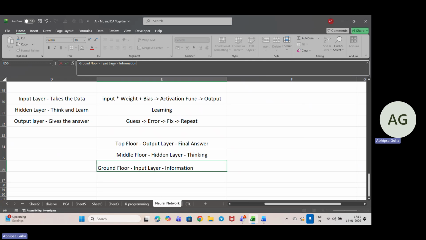Now coming to the steps. Suppose for humans, how we learned. Step one was understanding the letters, basically alphabets. A, B, C, these alphabets we have understood. Next step is understanding and writing words like cat, dog, cup.